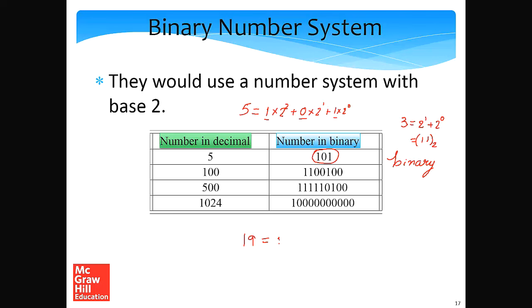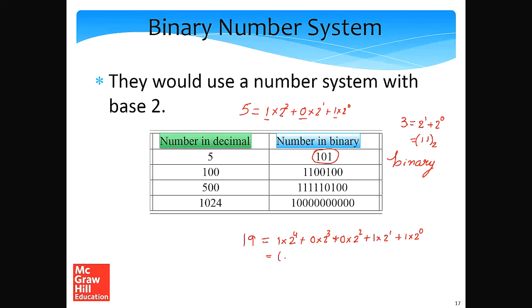It's very simple. It's 1 times 2 to the power 4, which is 16, plus 0 times 2 to the power 3, plus 0 times 2 squared, plus 1 times 2 to the power 1, plus 1 times 2 to the power 0.